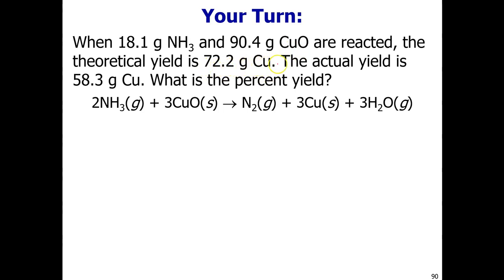The actual yield is 58.3 grams of copper. What is the percent yield for this chemical reaction? So work through this, solve it. If you have problems, please ask me or your academic coach for this class, and we will move on and assume that you understand how to do theoretical yields.